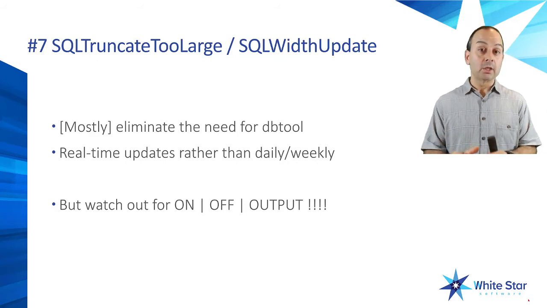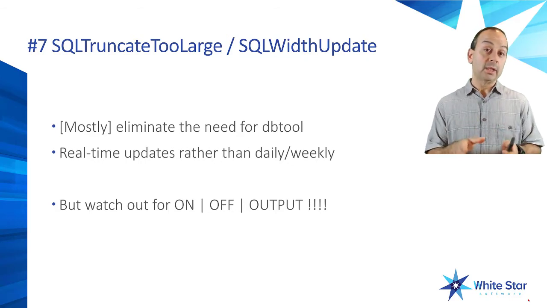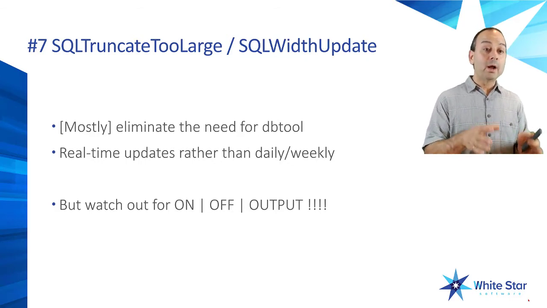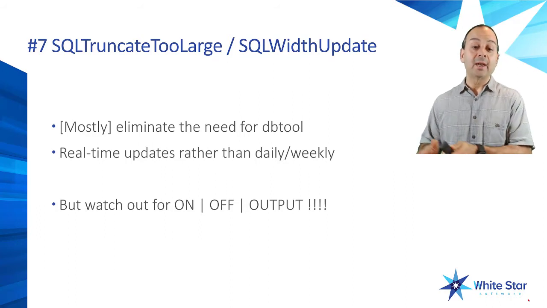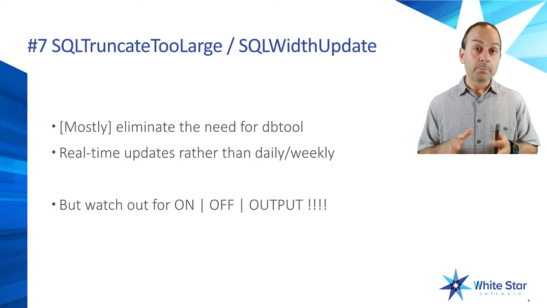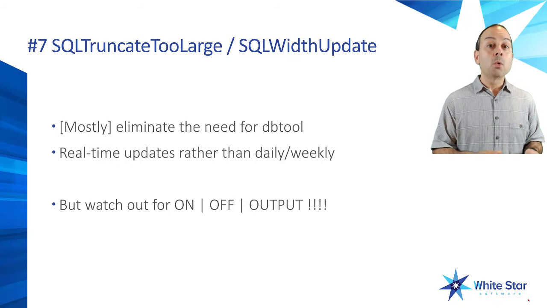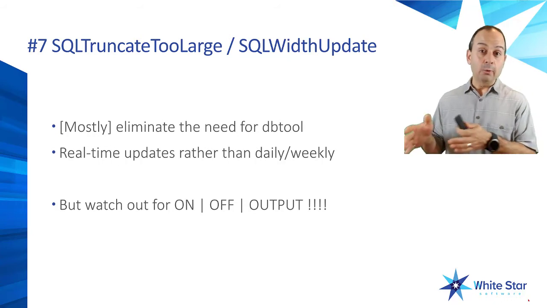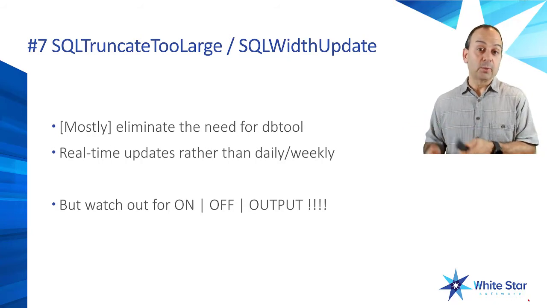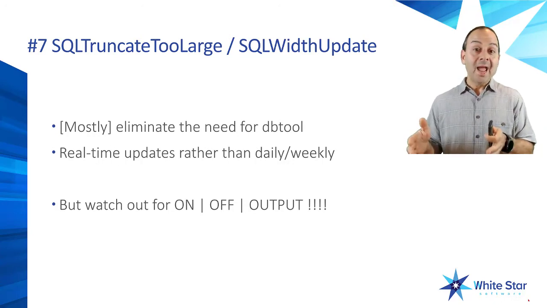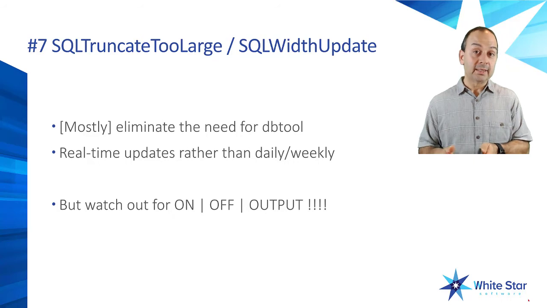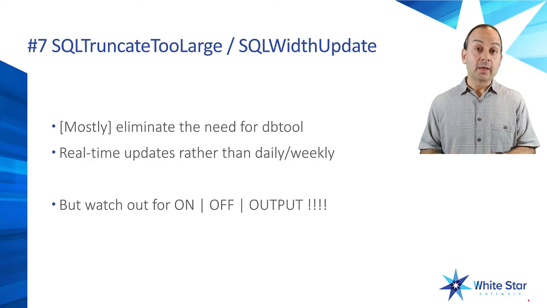Now there's one gotcha. When you use SQLTruncateTooLarge, in the original iteration of that parameter, you had on or off, and then later they added output. And what the difference was is the truncation of the field width, is that respected in the where clause, or is it only respected in the output? And that's a huge difference, right? If you say where field equals value, and you truncate the value because of the SQL width, your where clause is not going to find the record.